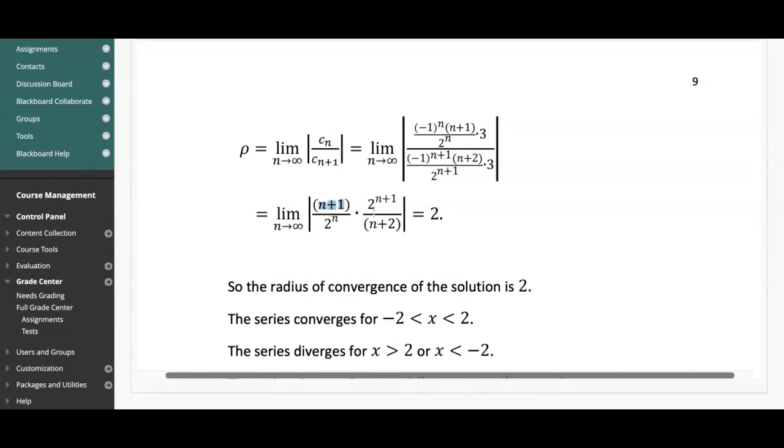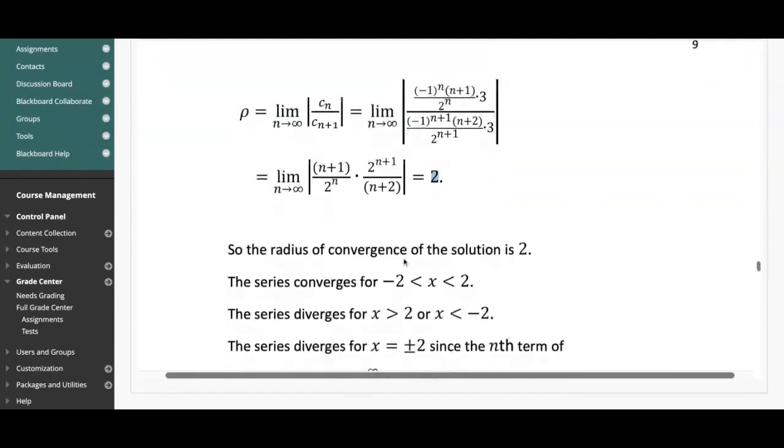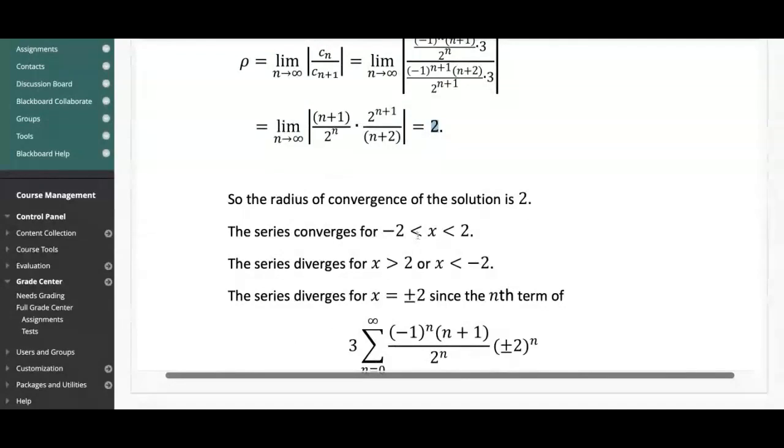Then n plus 1 divided by n plus 2, in the limit when n goes to infinity, becomes 1. So just 2. Again, similar to the previous one. So rho equals a finite number, which tells us the radius of convergence is 2. Which means the series converges when the x value is between -2 and 2.